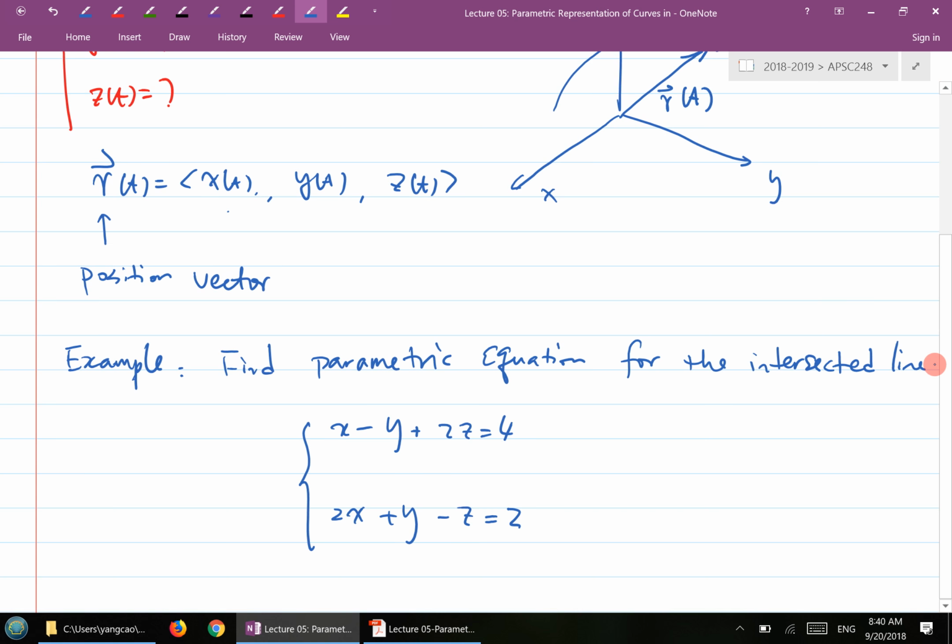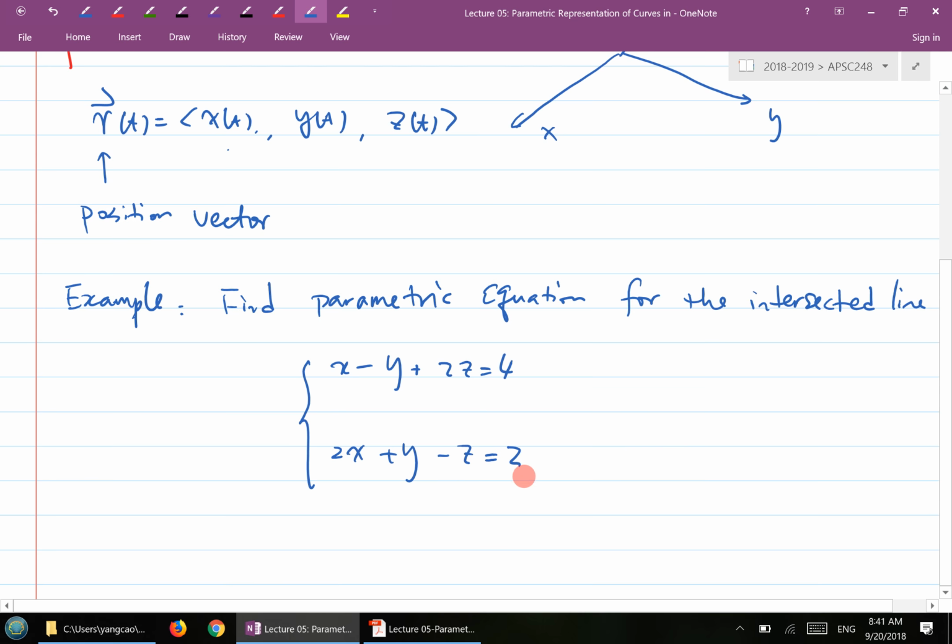So this question, if I don't teach you this concept of parameterization, going back to the previous lecture on line equations, this is basically finding a line equation, right? You have two planes. What's the line equation? What's the parametric equation for the line of intersection between these two planes? Two planes give you a line.